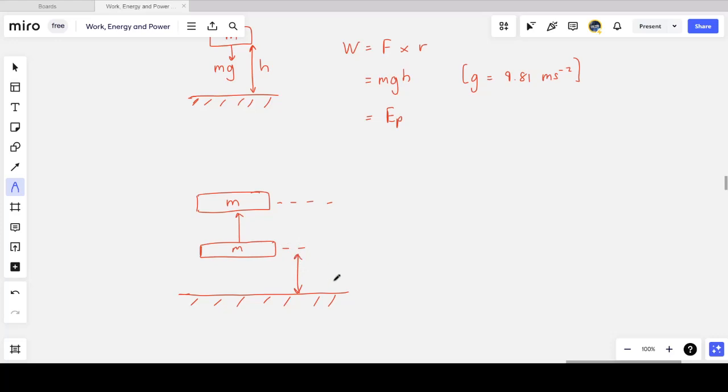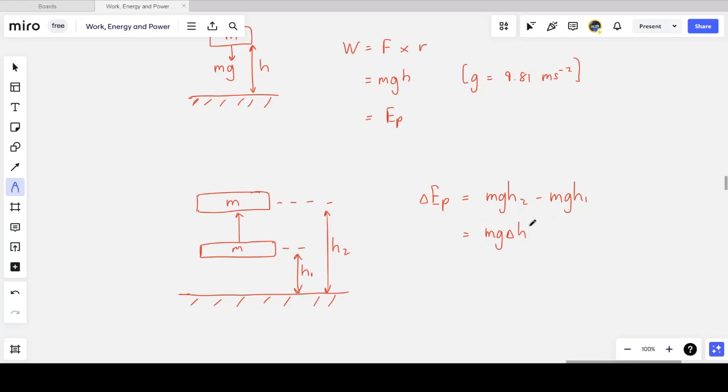And so it initially had a height of h1 above the surface of the Earth, and finally it had a height of h2 above the surface of the Earth. Then the change in gravitational potential energy is mgh2 minus mgh1. Delta EP is mgh2 minus mgh1, which is simply mg delta h.